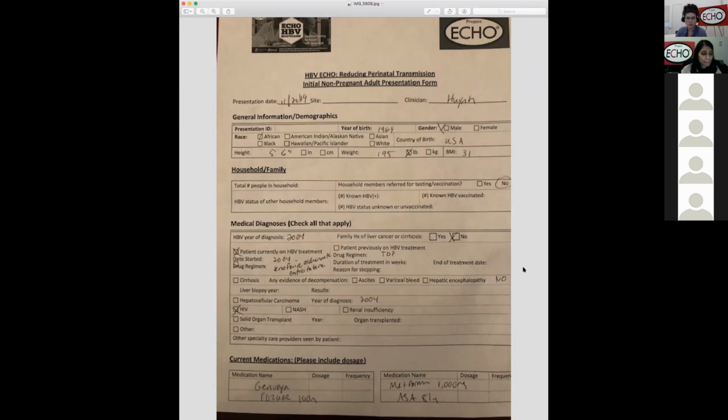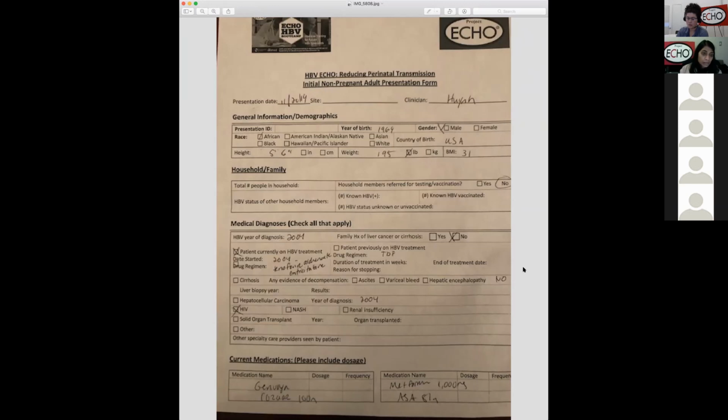We talk a lot about him staying on his medications so that his hepatitis B doesn't flare. He knows how important they are for his HIV, but we also try to incorporate that they're doing more than one thing and he should continue to take them.